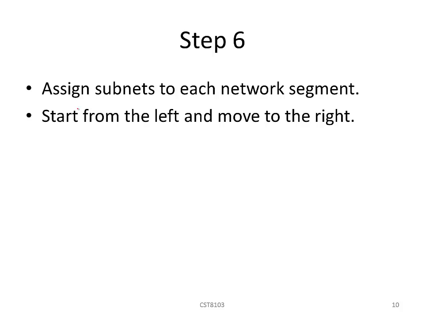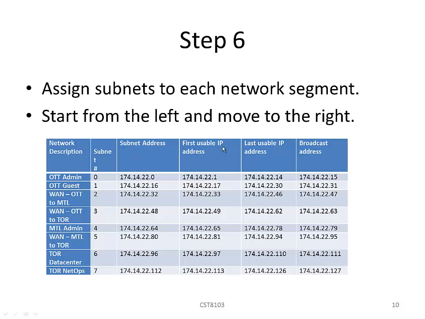We have not been given any specific instructions in regards to which subnet we should assign to which network. So what we'll do is start from the left and move to the right, where from the left we will assign our first subnet, subnet 0, to the first network that we find on the left, and proceed moving from left to right.